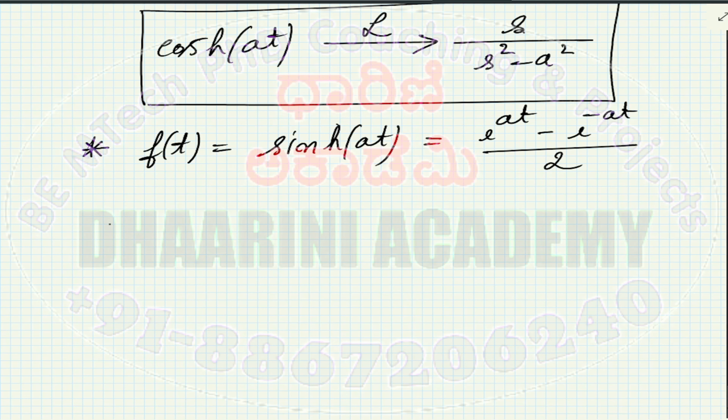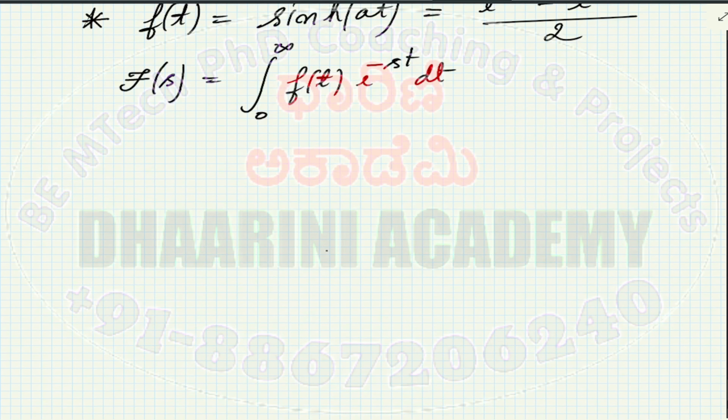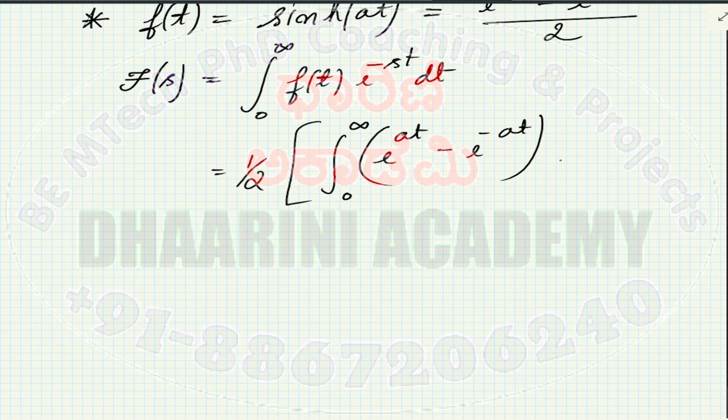So using this, now let us try to find its Laplace transform, that is f of s is equal to integral 0 to infinity f of t into e to the minus st dt. This is equal to half of integral 0 to infinity, this is e to the at minus e to the minus at into e to the minus st dt.